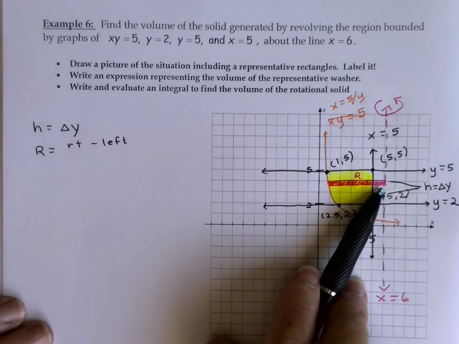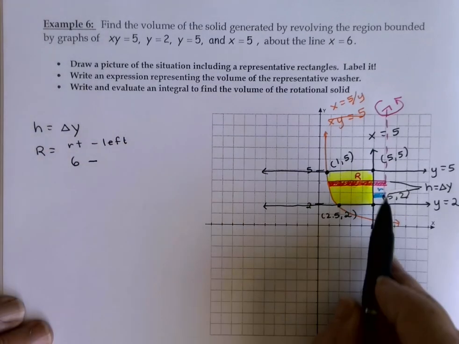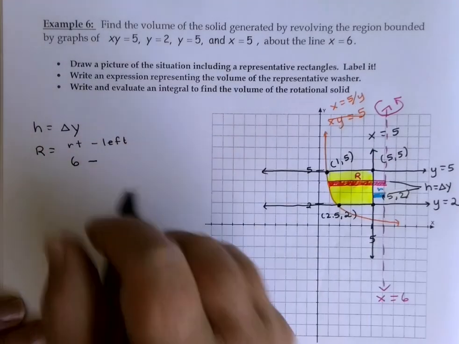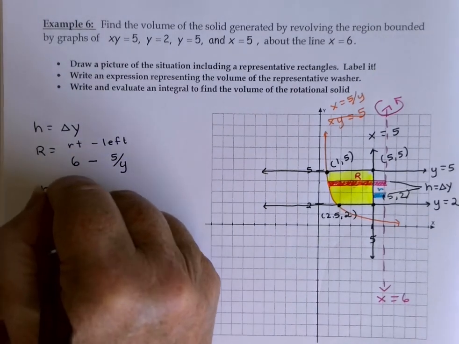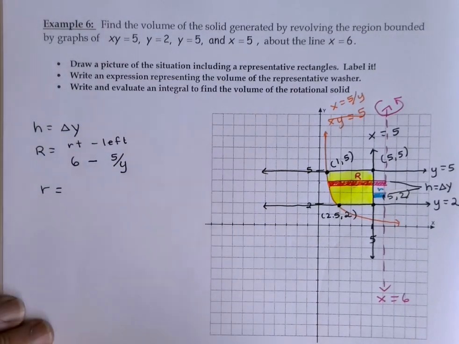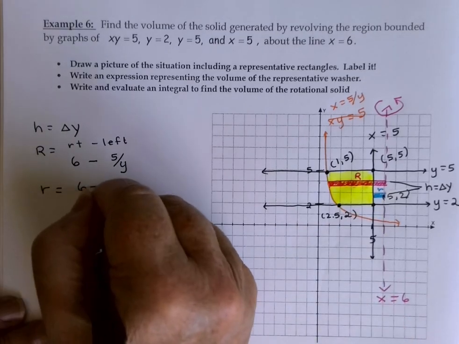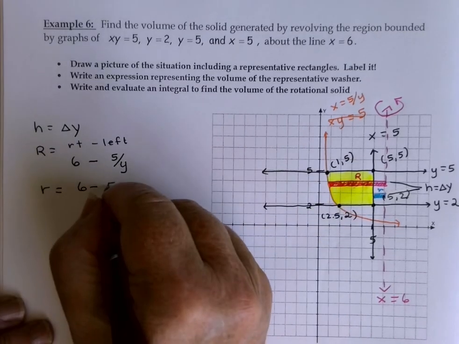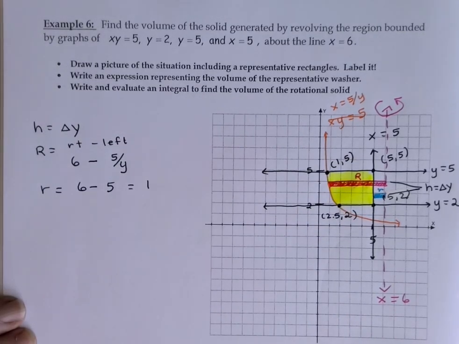For capital R, the right is over here at x equals 6, and the left is on the curve, which is x equals 5 over y. Little r, same idea, right minus left. Right is x equals 6 again, and left is on this vertical line x equals 5. So little r this time is just going to be 1.